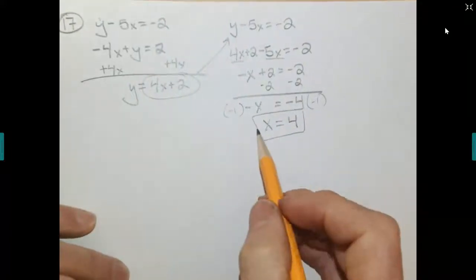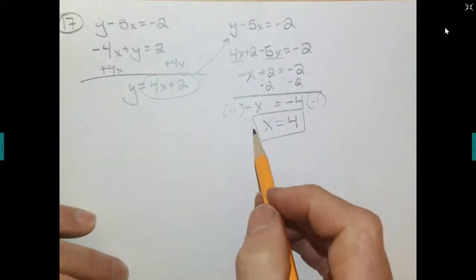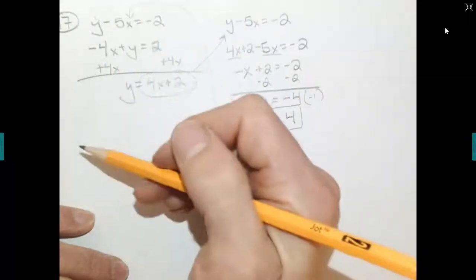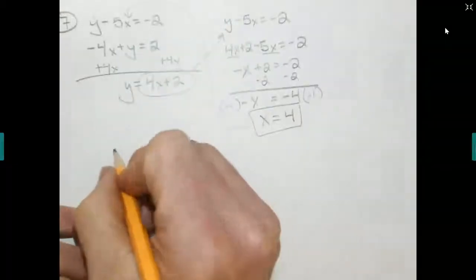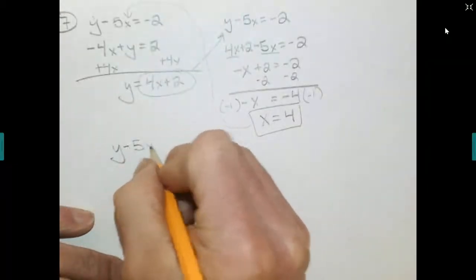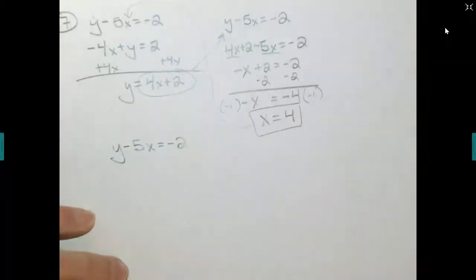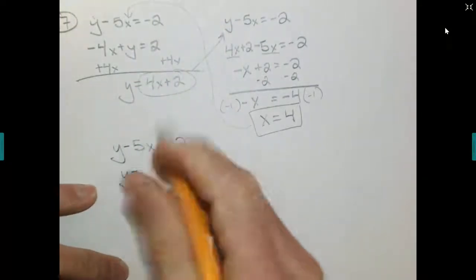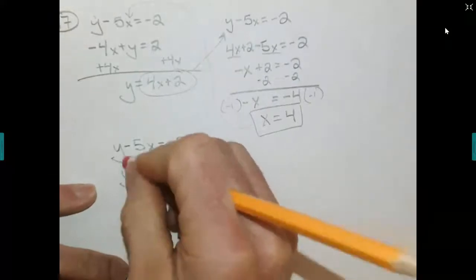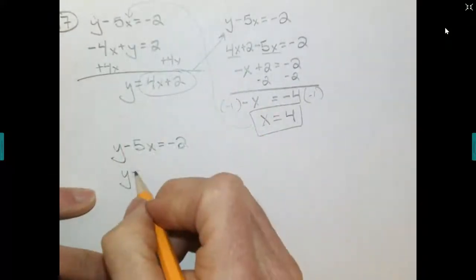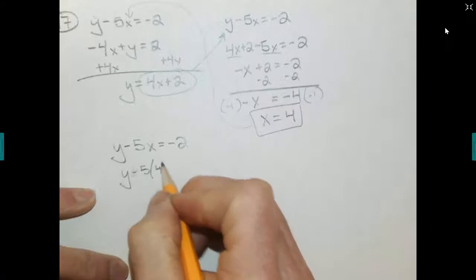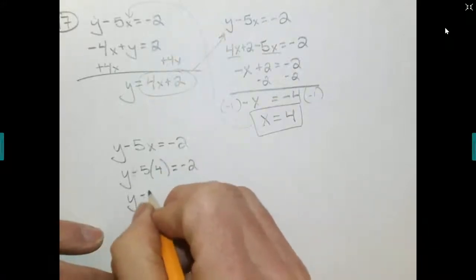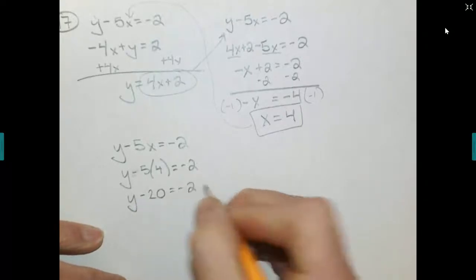I want to plug this 4. Let's plug it into this one because it's got positive. Well, I guess it doesn't have positive. Oh, it doesn't matter. So I have y minus 5x equals negative 2. y minus 5 times 4 equals negative 2. y minus 20 equals negative 2.